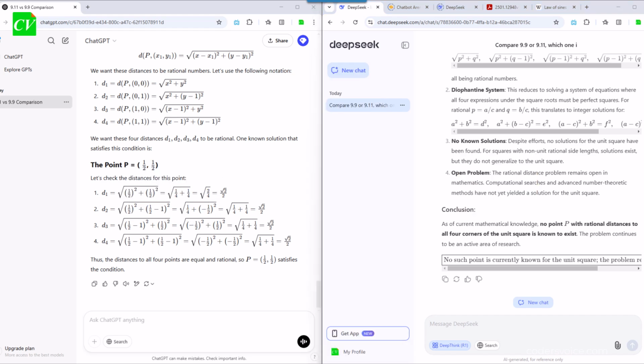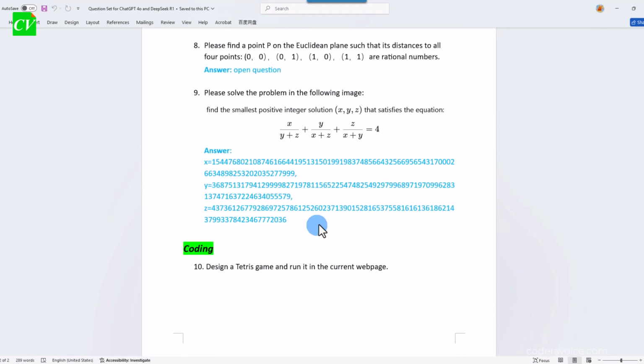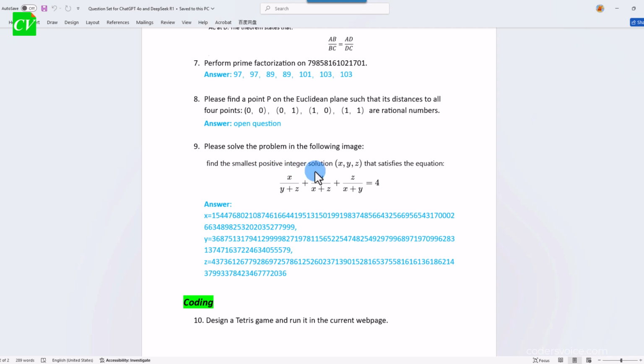So let's take a look at the next question. Question 9 is, find the smallest positive integer solution x, y, z that satisfies this equation. This is not a simple question. And the answer is, you can see that x, y, z is a huge number. There are many, many digits here.